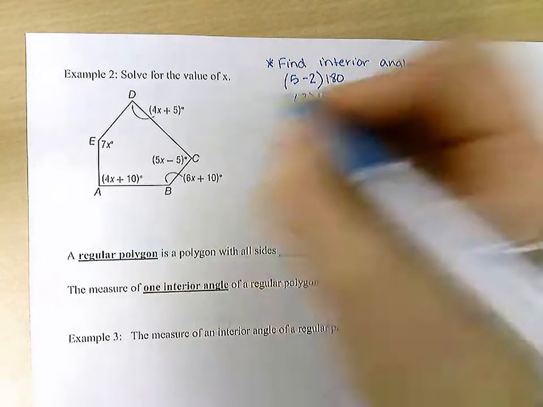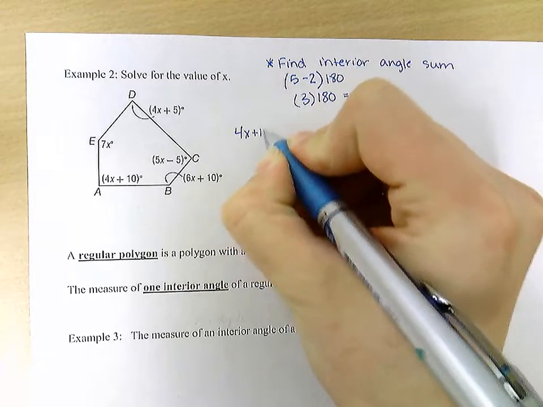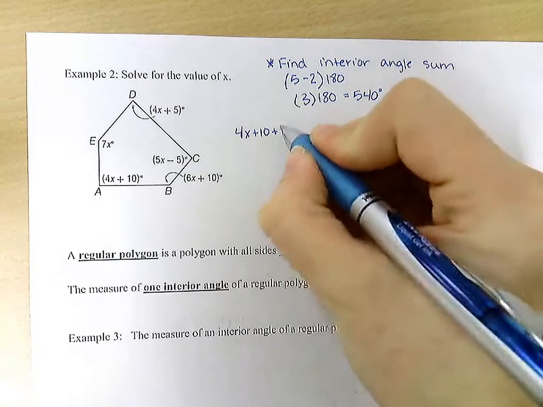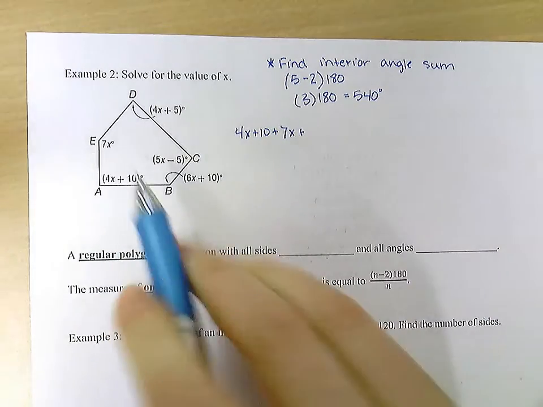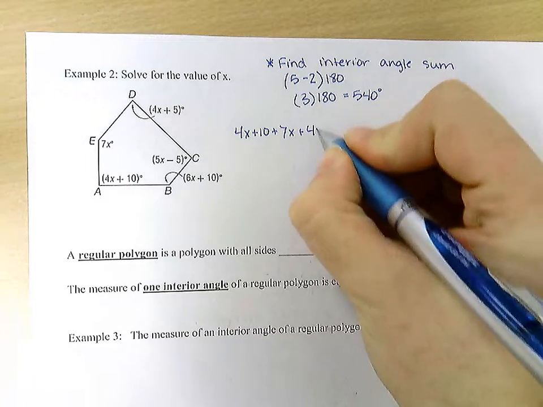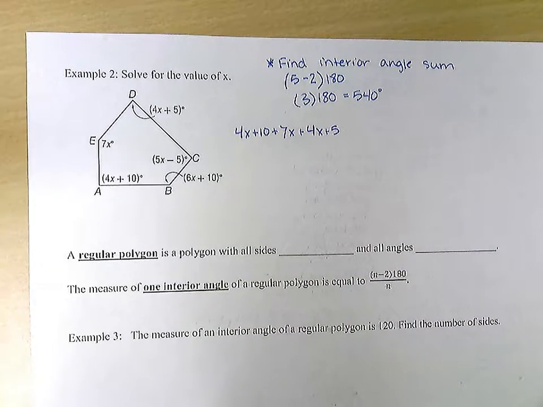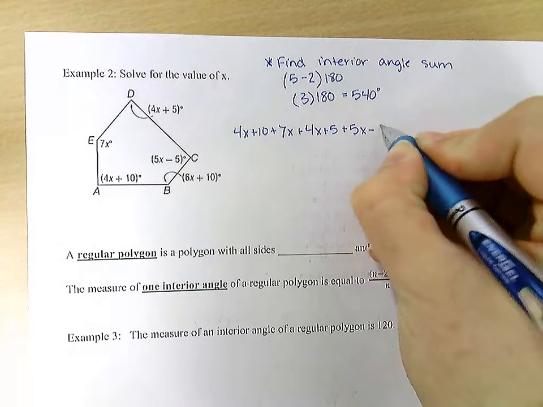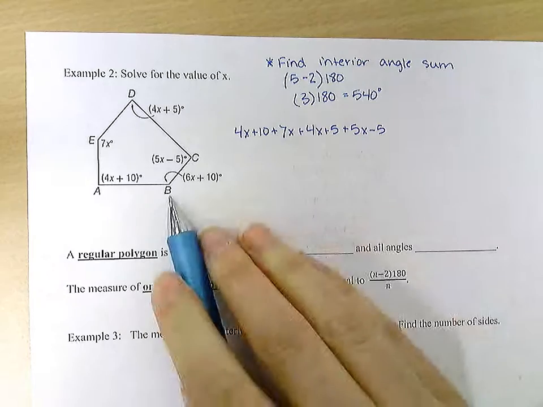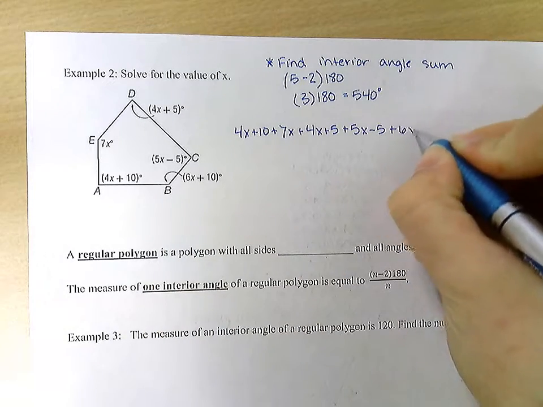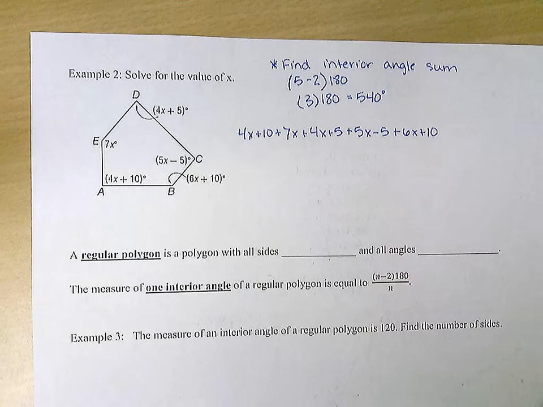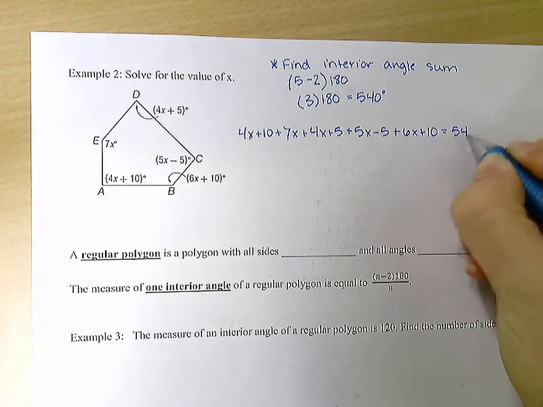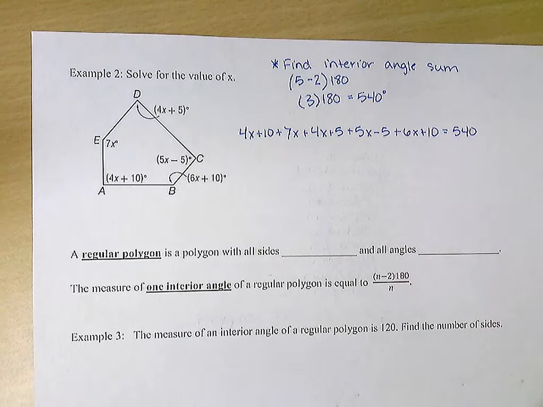So I'll take angle A here is 4x plus 10, add on angle E, angle D, angle C, and angle B. Now when I add all of those together, it has to equal my interior angle sum that I found.